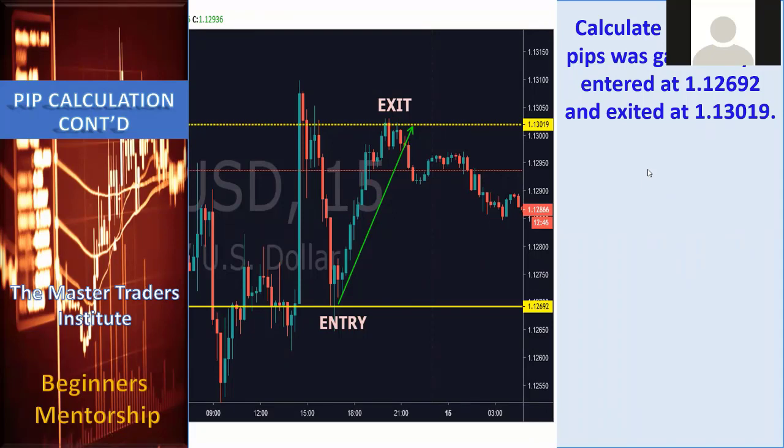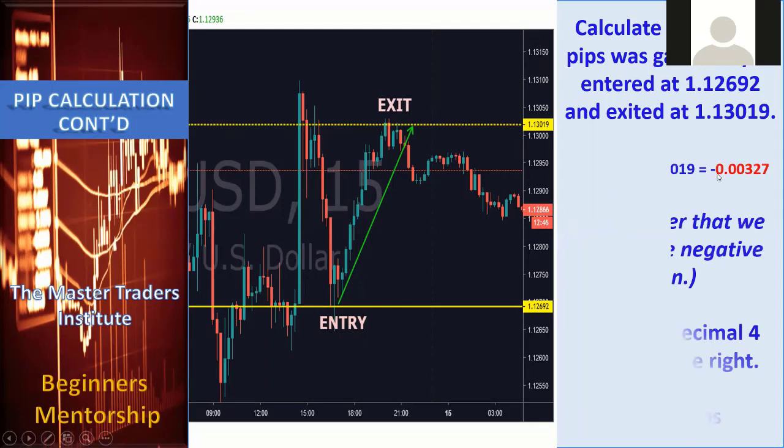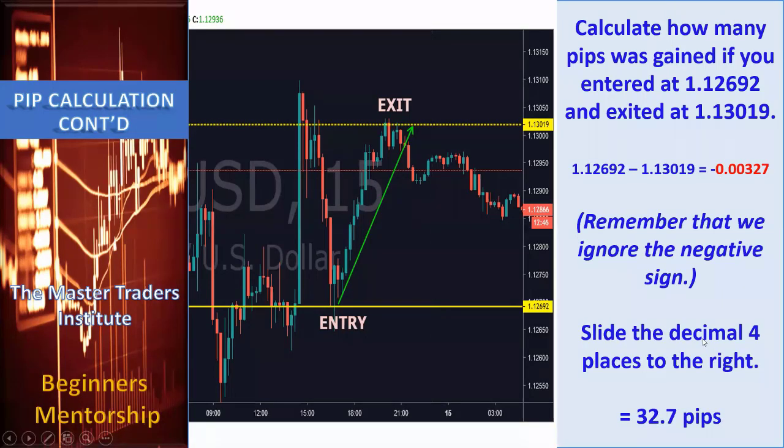327, that's one answer. Is there anyone with a different answer? 300. Okay. Any other person? About 300. Joe, there is no about in pip calculation. So those who said 327, you are actually close.